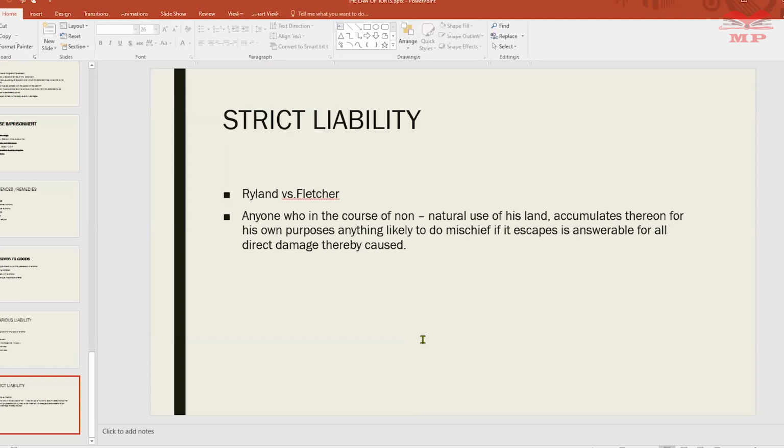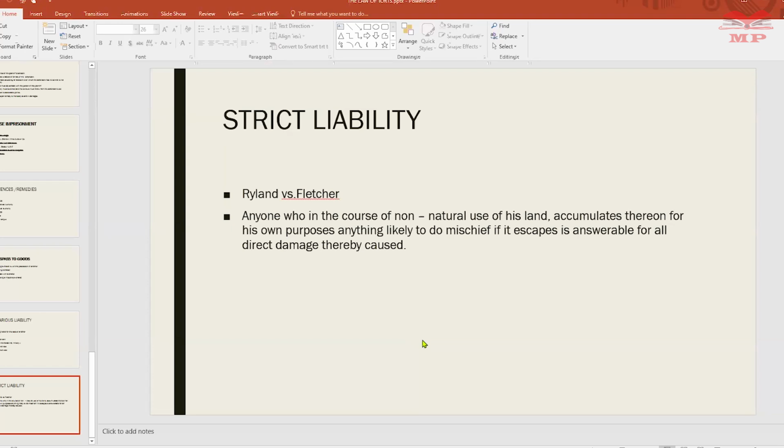If it does escape and cause damage, he is responsible, however careful he may have been and whatever precautions he may have taken to prevent the damage. This rule is regarded as a type of nuisance, but it is a strict liability in that the defendant may be liable in the absence of any negligent conduct on their part.